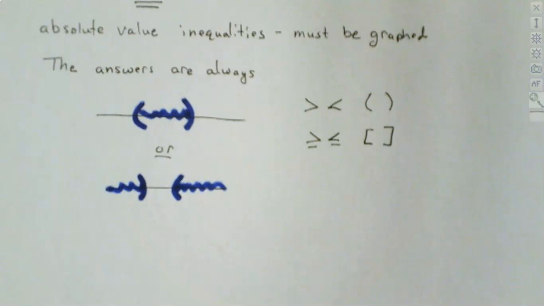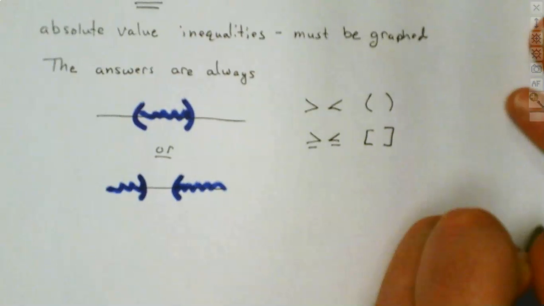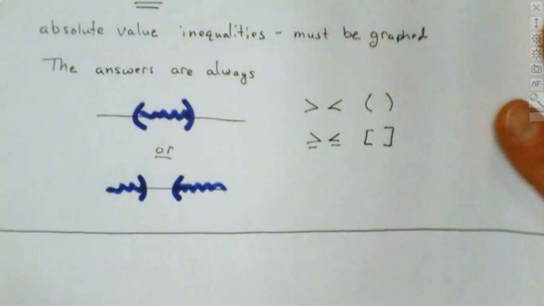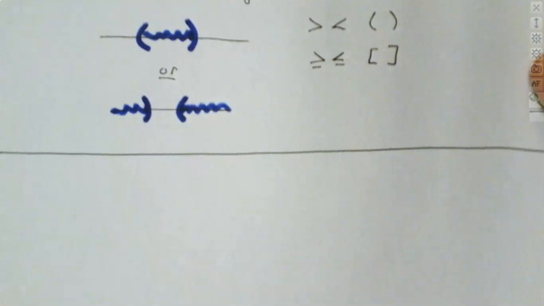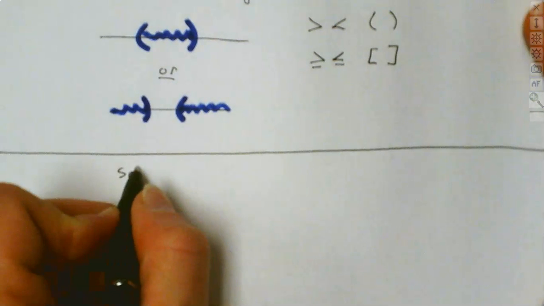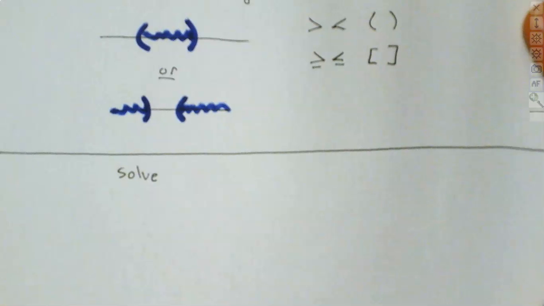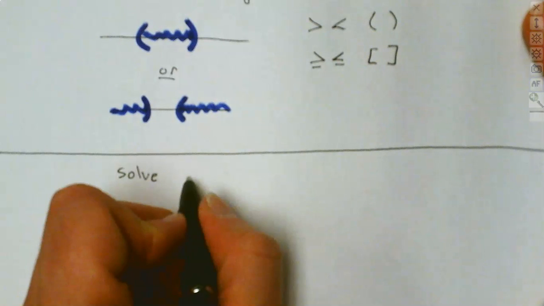That is it. It is one or the other. Now we're going to solve them like they're an equal sign. So again, these are going to have to be solved and graphed.